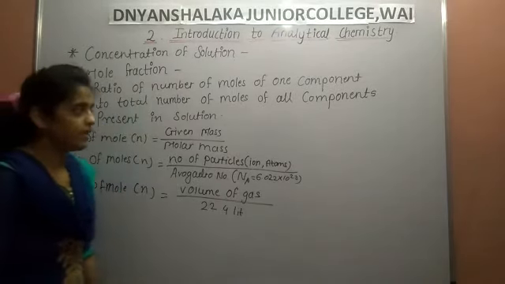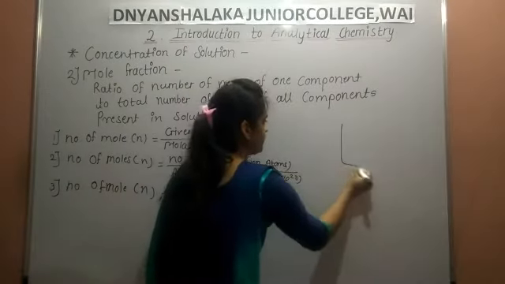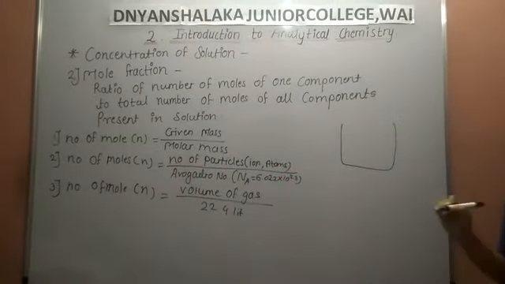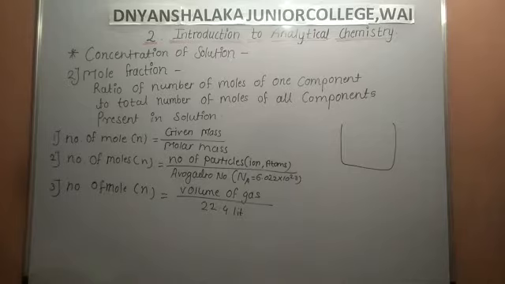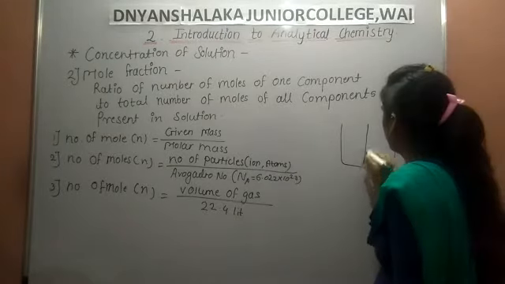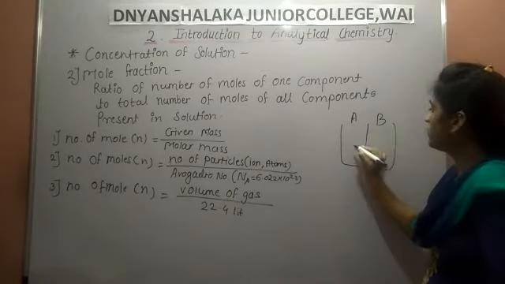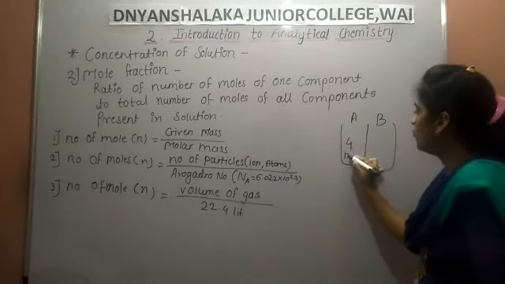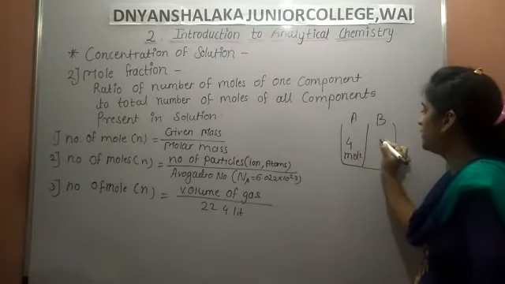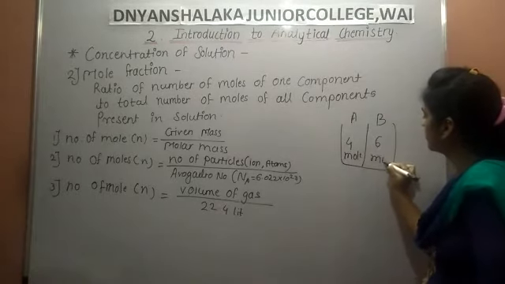So for example, in your container A and B compounds are present. There is an A component and there is a B component. Suppose A component has 4 moles and B component has 6 moles.